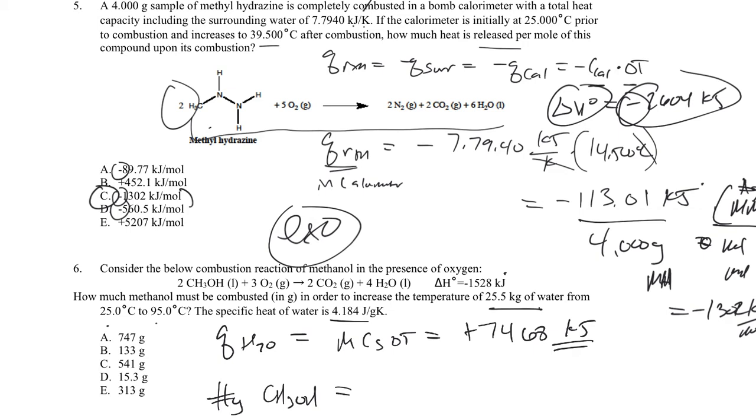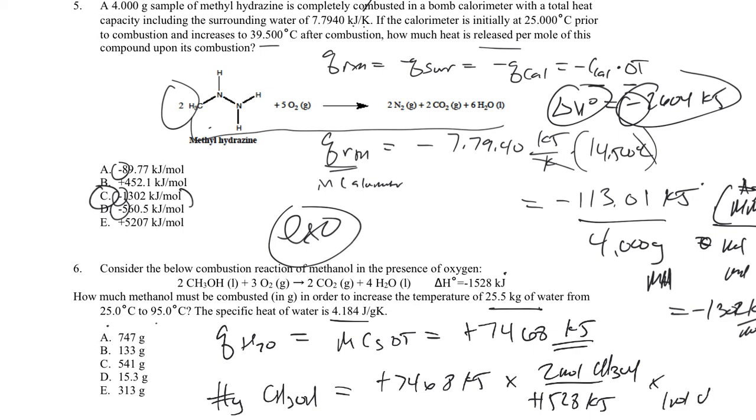What I would do is take the 7468 kilojoules that I need to have water absorb, and I'm getting 1528 kilojoules for every 2 moles of methanol that react, and 1 mole of methanol has a molar mass of 32.04 grams.